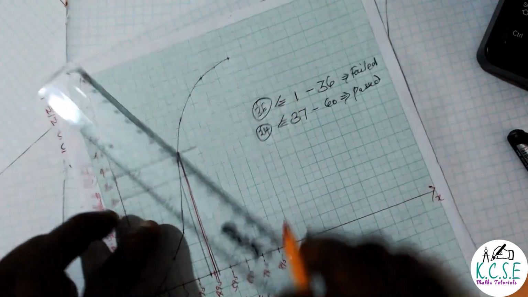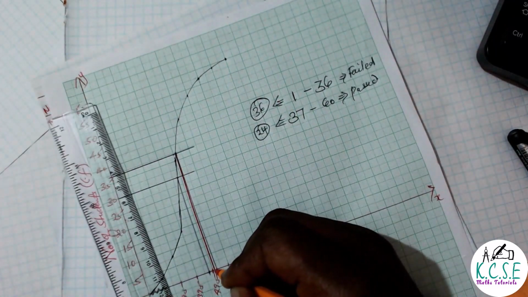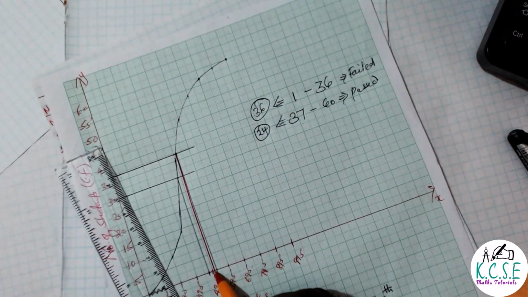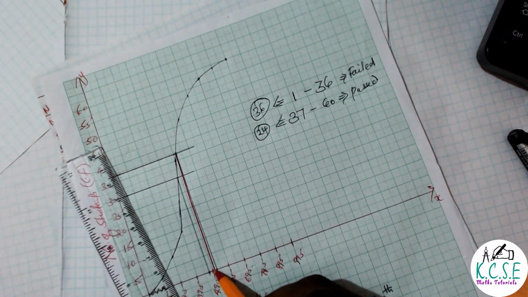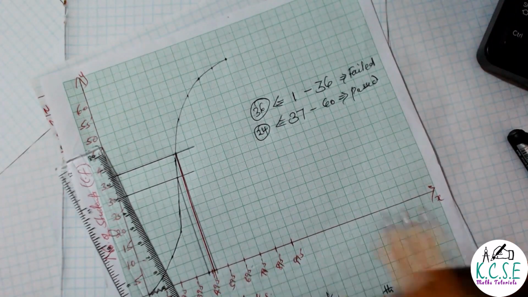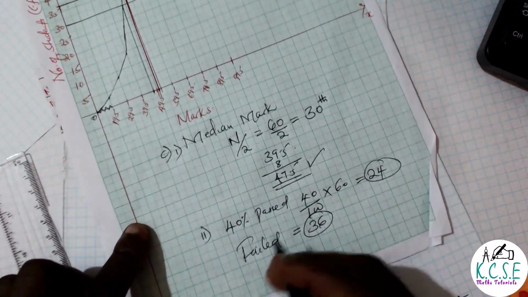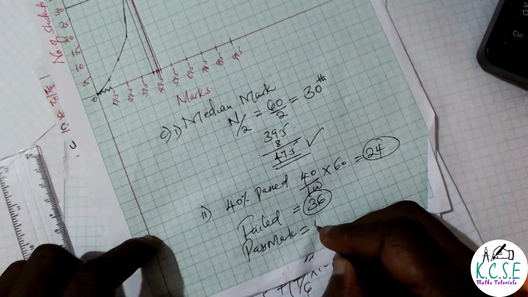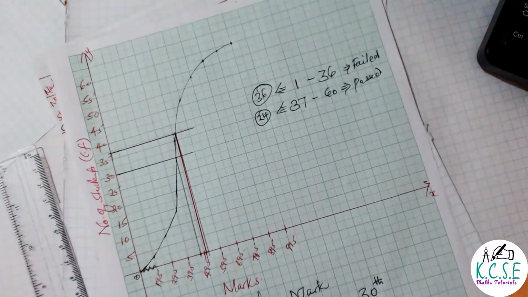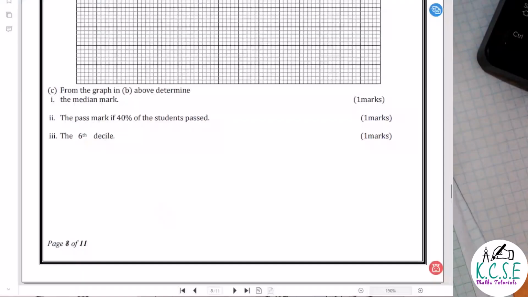When I drop down, you'll notice this point here. This is where you're going to get the pass mark. So this is 49.5 plus 1, that is 50.5. Therefore, the pass mark is 50.5.